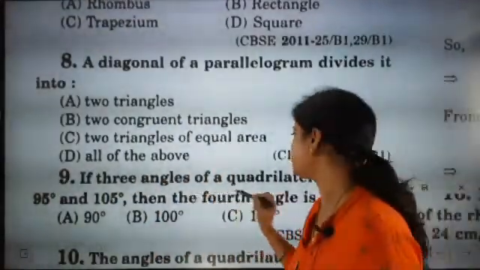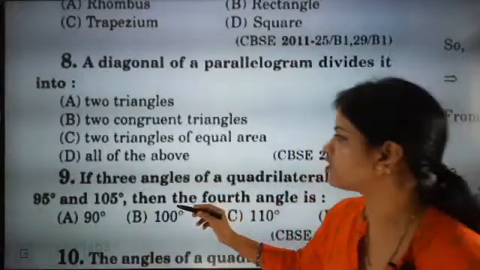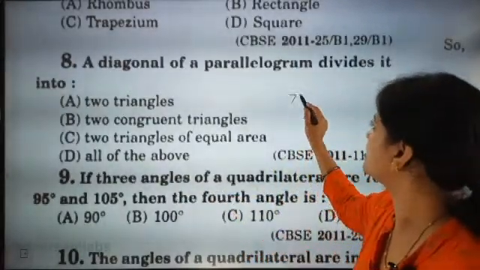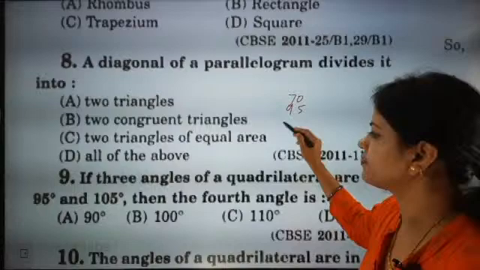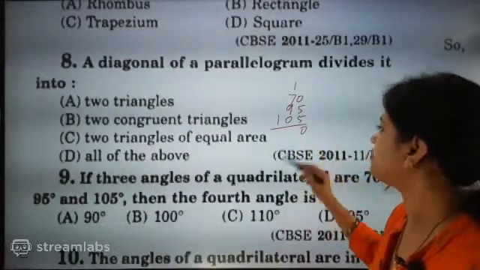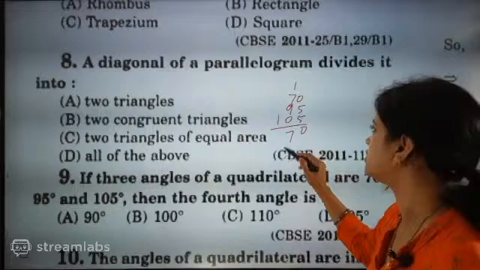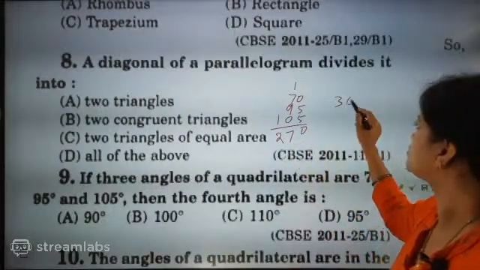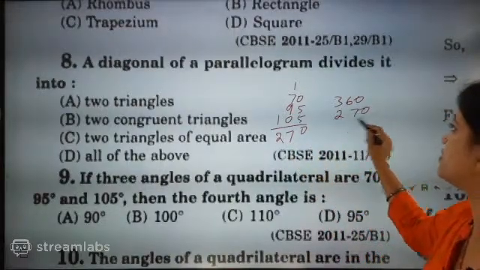If three angles of a quadrilateral are 70 degrees, 95 degrees and 105 degrees, then 70 plus 95 plus 105 is 270. So 360 minus 270.